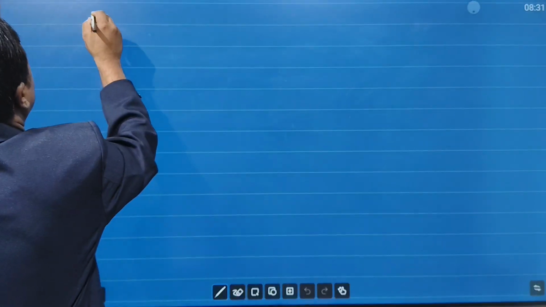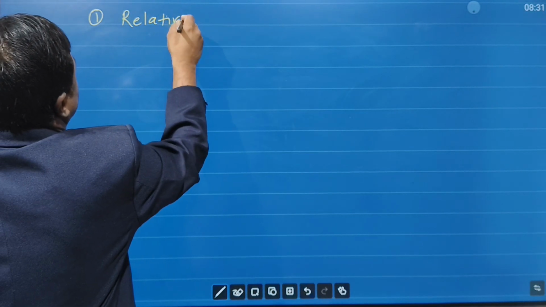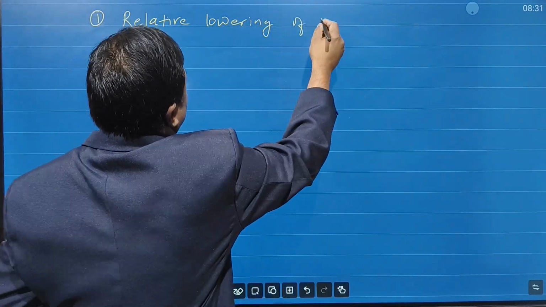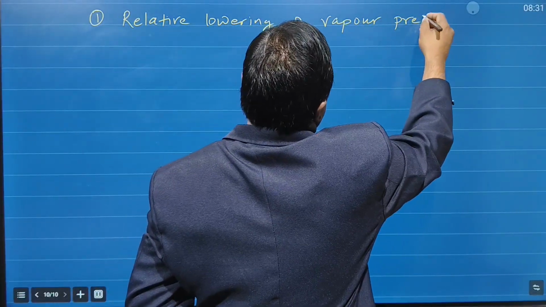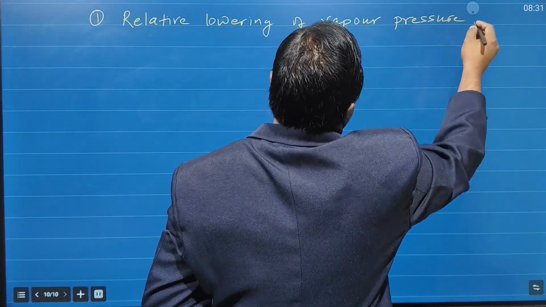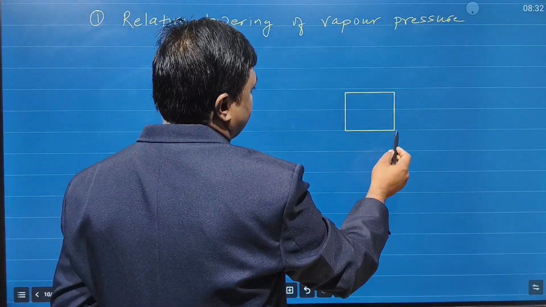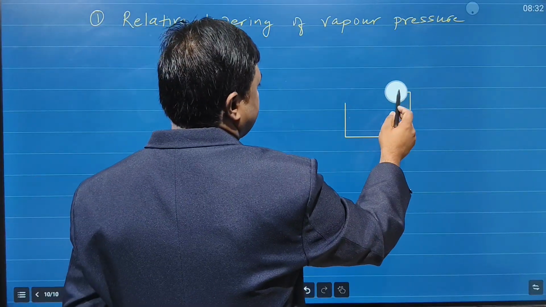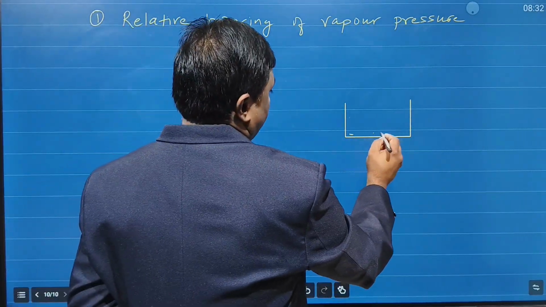First one, relative lowering of vapor pressure. Try to understand. Consider a beaker in which pure solvent is there.